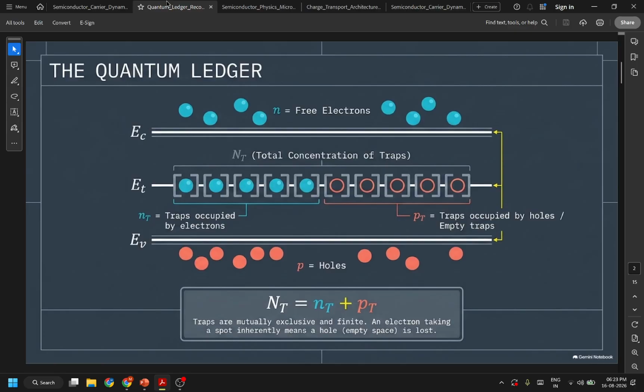So obviously, capital NT is equal to small nt plus PT. So the traps are mutually exclusive and finite. An electron taking a spot inherently means a hole or empty space is lost.